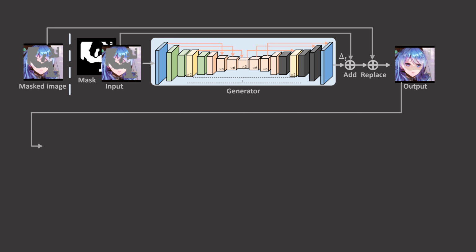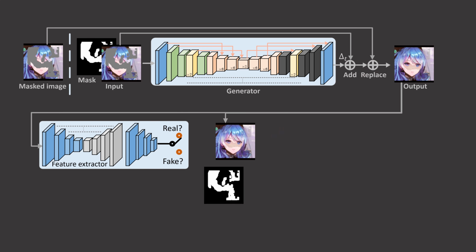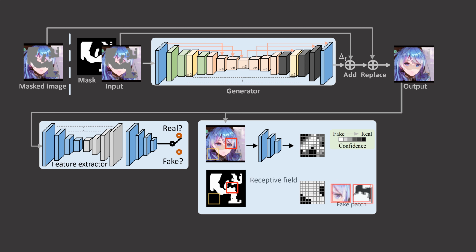To accelerate network convergence and reduce overfitting, the projected adversarial loss makes use of a U-Net-like projector to extract prior knowledge. To help the generator produce more clear fine-grained textures, the forgery patch discriminator learns to identify real and inpainted patches based on the receptive field of the discriminator.